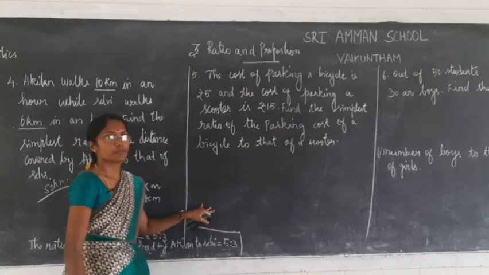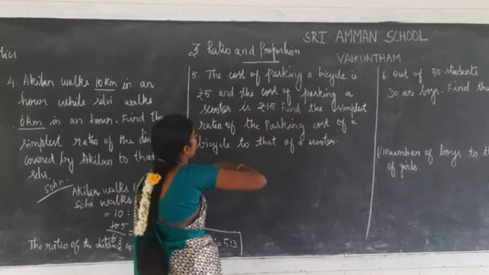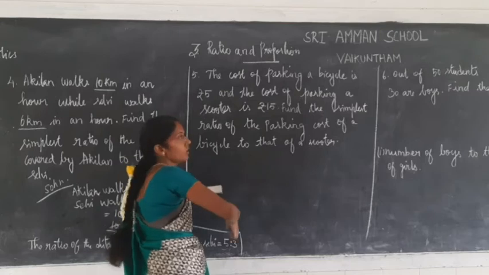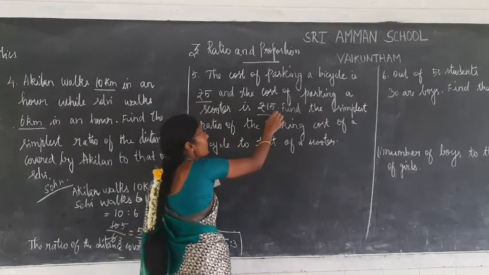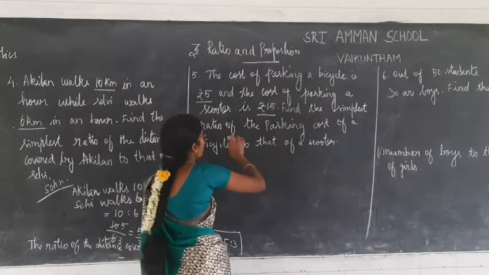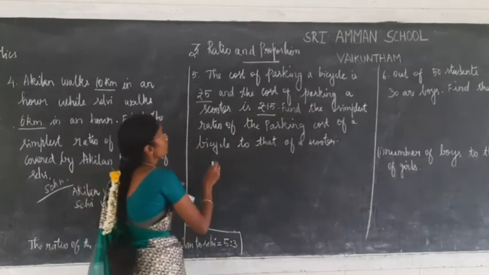Okay, clear? So the next question: the cost of parking a bicycle is ₹5 and the cost of parking a scooter is ₹50. Both are in the same unit, so no problem. Find the simplest ratio of the parking cost of a bicycle to that of a scooter.